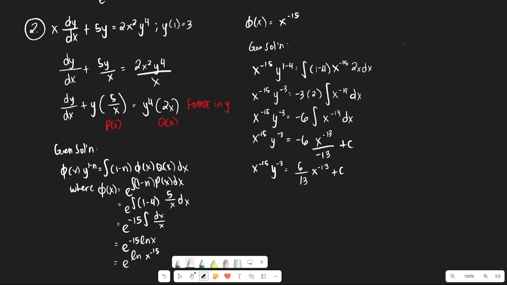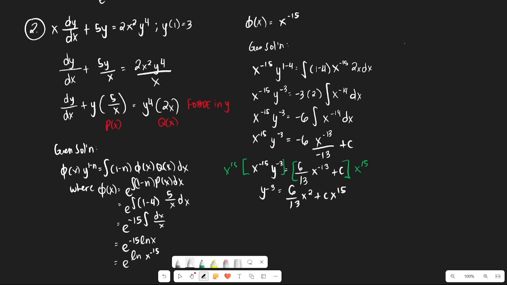So you can multiply both sides by x raised to 15, so that this one cancels out. So you're gonna have y raised to negative 3 is equal to 6 over 13 x squared plus c x raised to 15.